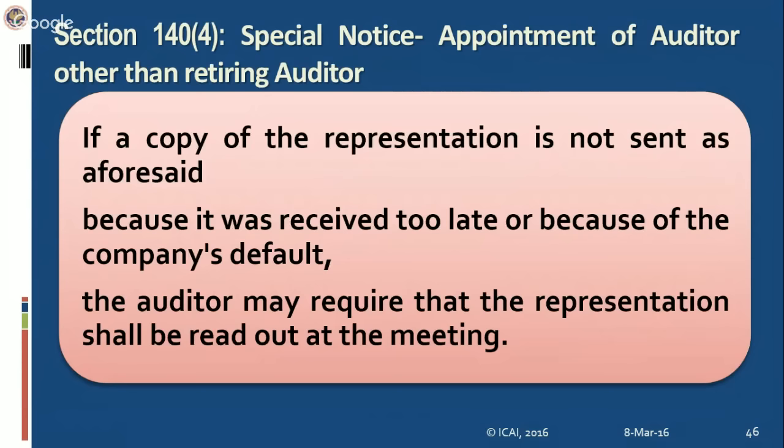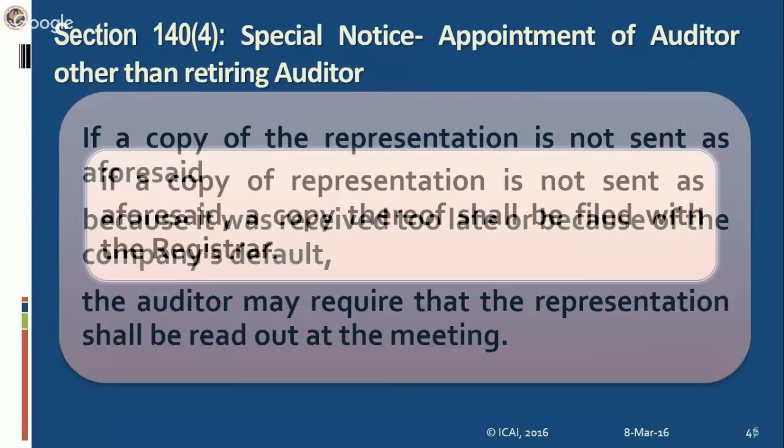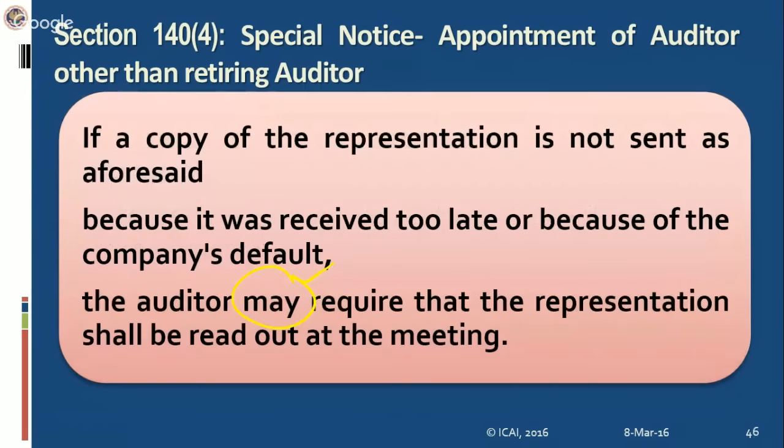Now, the auditor may require; he has a choice here. We are not saying the auditor shall require. The auditor may require that the representation shall be read out at the meeting. This is in case the representation is not sent along with the notice.